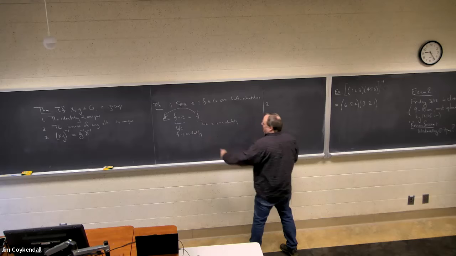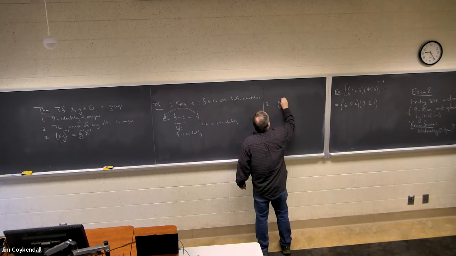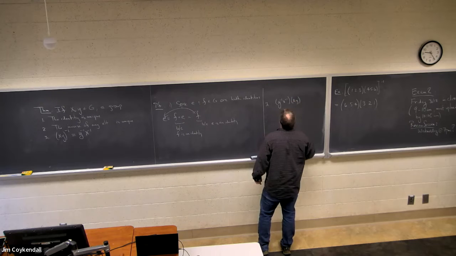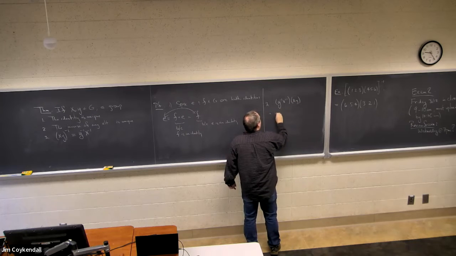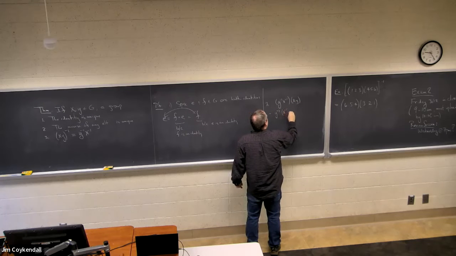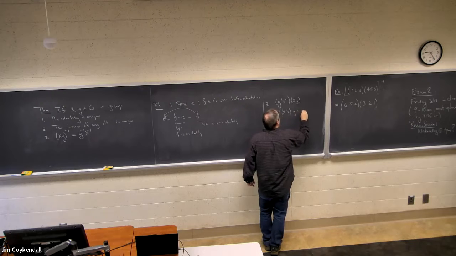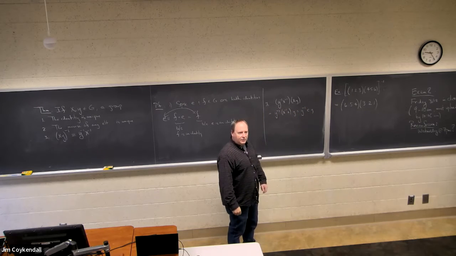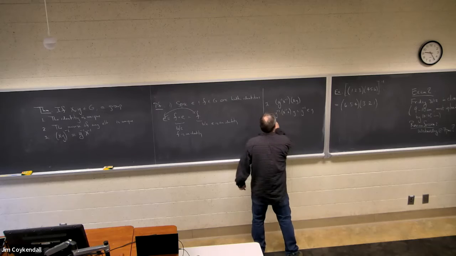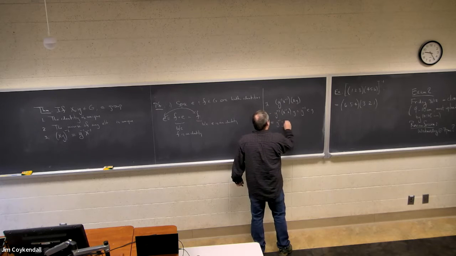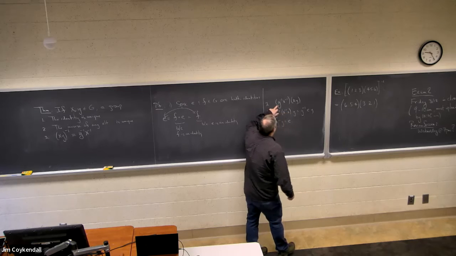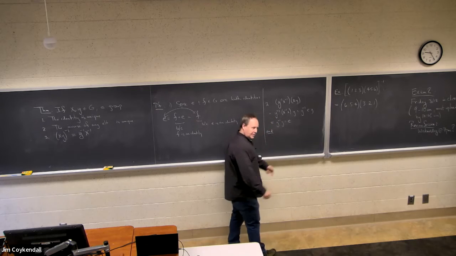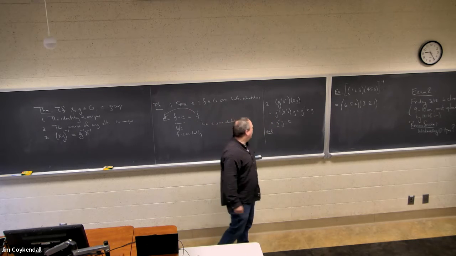For number 3 in my statement, notice that Y inverse X inverse times XY is Y inverse X inverse X times Y, which is Y inverse E Y, because X inverse X is the identity, which is Y inverse Y, which is the identity. And let me be super careful about this and check it from the other side.